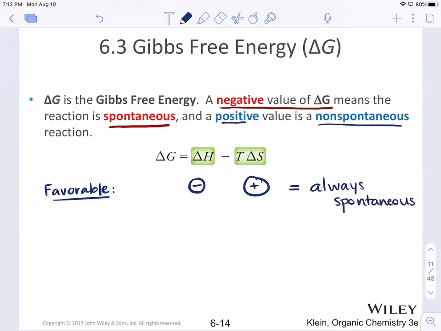If we plug in any values of delta H that are negative and any values for entropy that are positive, no matter what the temperature is, we'll have a spontaneous reaction. Always unfavorable is where we have an endothermic reaction and decreasing entropy. This was always non-spontaneous.